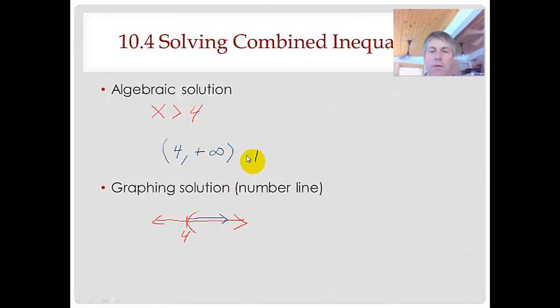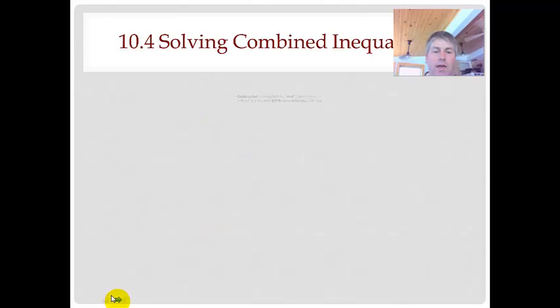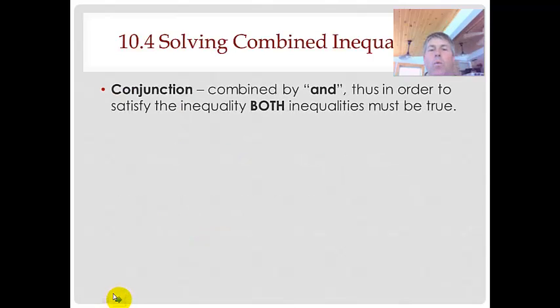So that would be that interval notation. This pen's not writing very well. Hopefully my handwriting will improve with practice on this particular exercise. And in a little while, we'll do some sample problems.